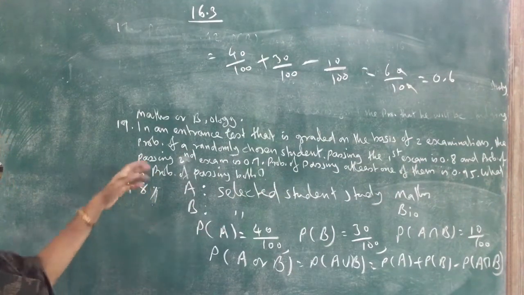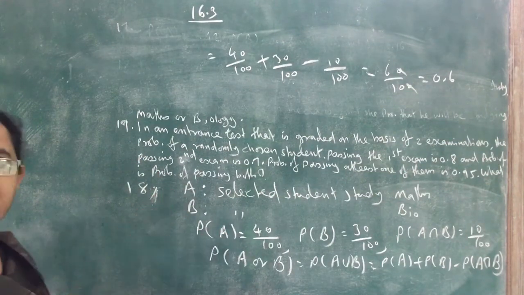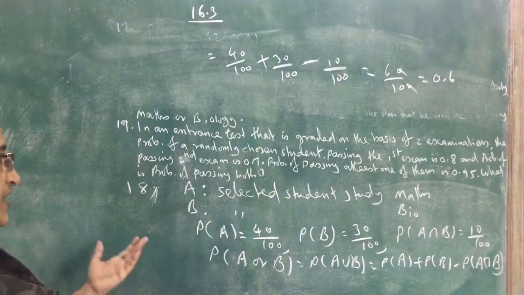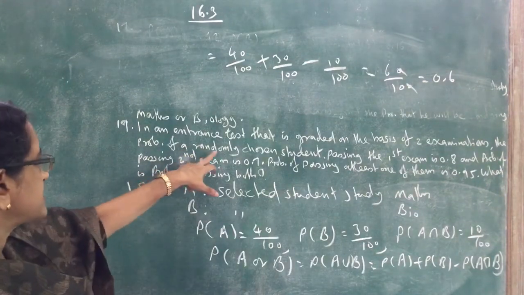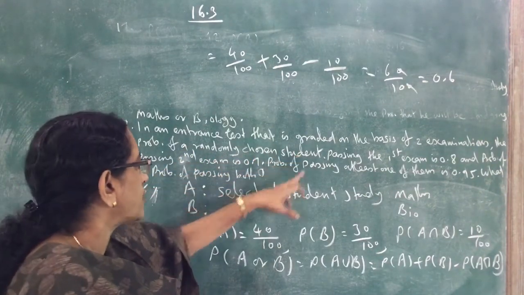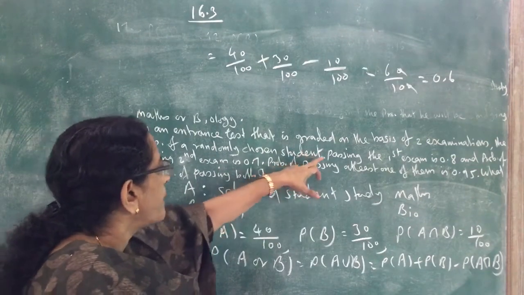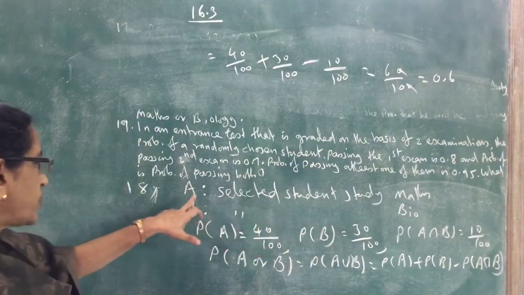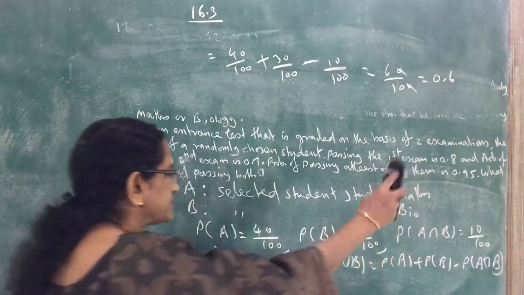So here also we can name the events. Let A be the event that a randomly selected student passes the first examination.